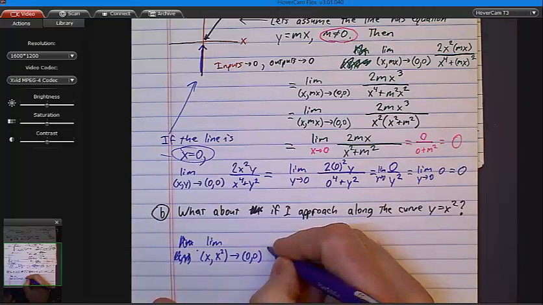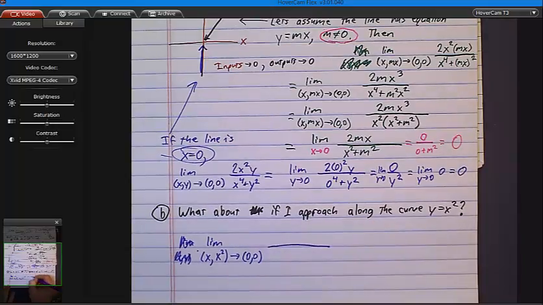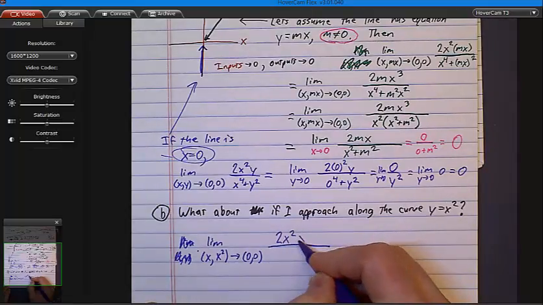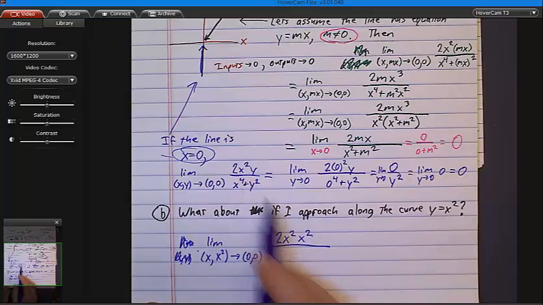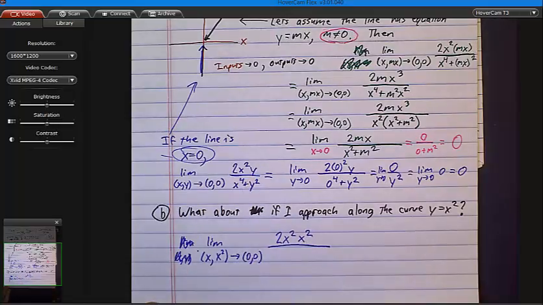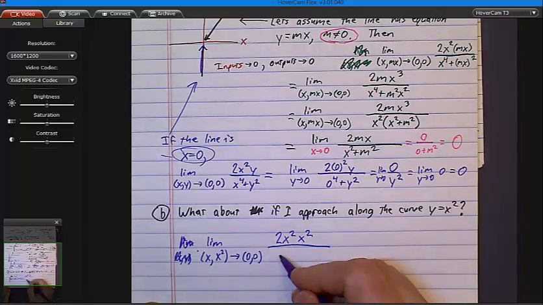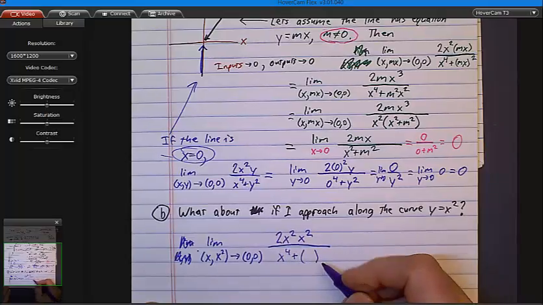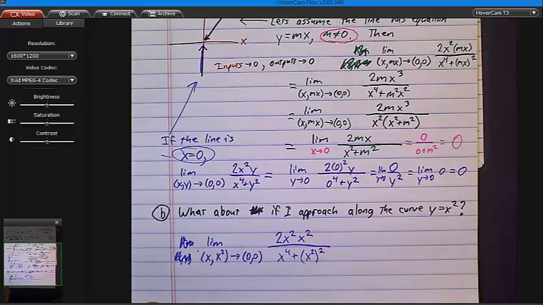Of what? What am I going to write here, guys? Well, it would be 2x squared, because y is the same as x squared now, over what? Well, x to the 4th plus what? x squared squared, right?